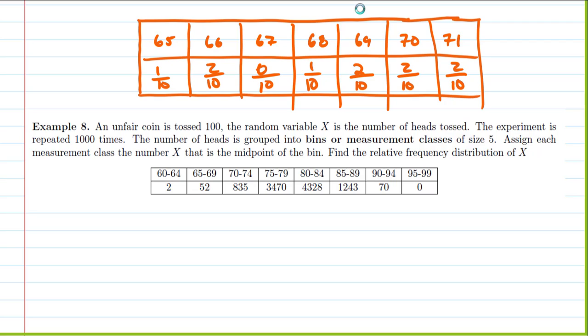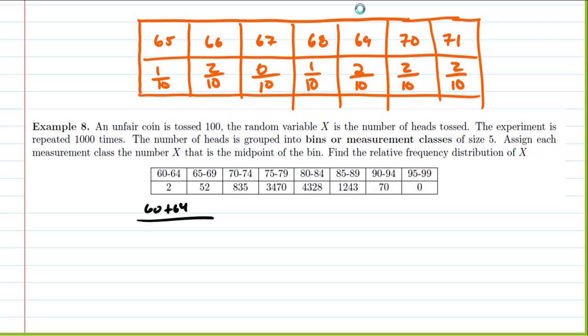So it says, assign each measurement class the number x that is the midpoint of the bin. So what is the midpoint of our bin 60 to 64? 62, right? Well, 62.5? Because if you add them up, 60 plus 64. Nope, it's going to be 62.